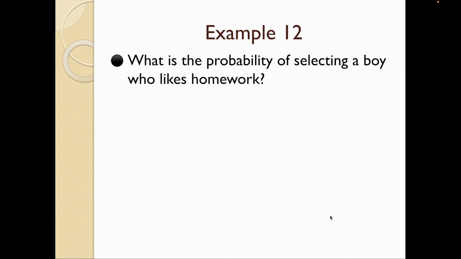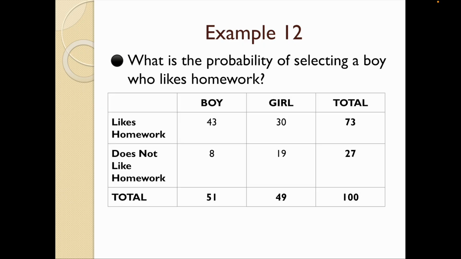Notice what we are selecting from this time. What is the probability of selecting a boy who likes homework? Remember, last time we were selecting a student. So, selecting a boy now.